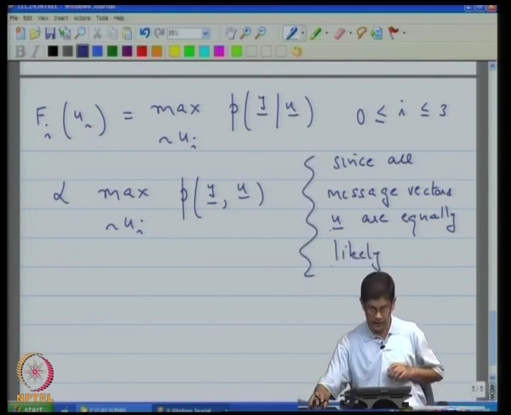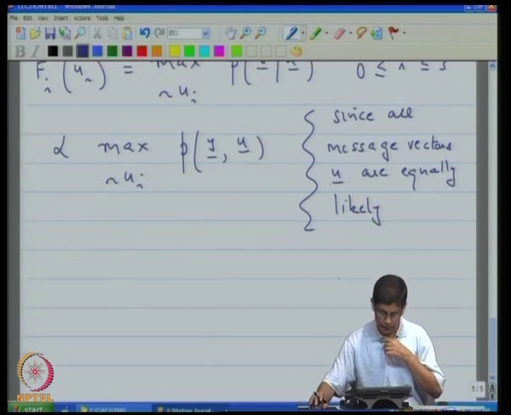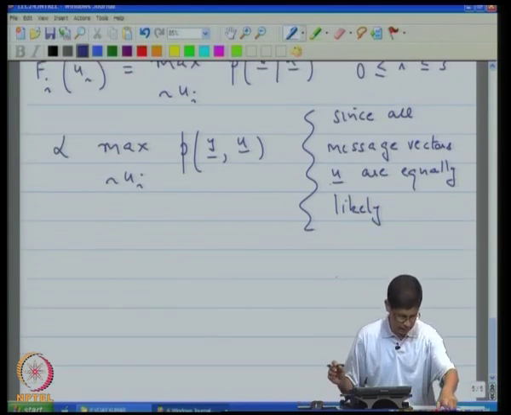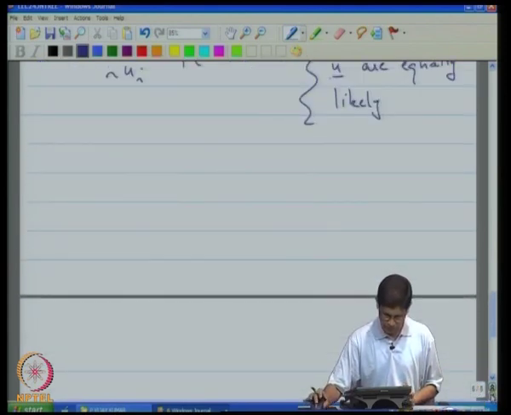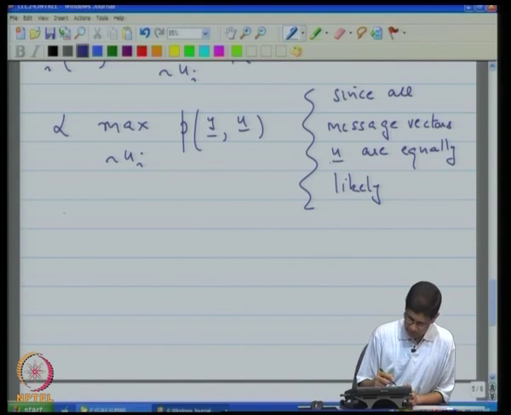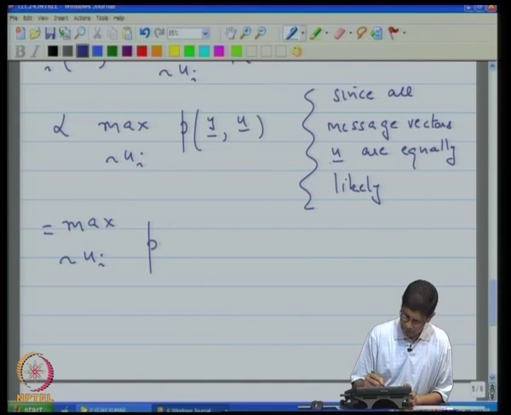Okay, so that justifies this step. And now what we are going to do is take the max equal to the max over tilde ui of p of y comma u comma s.